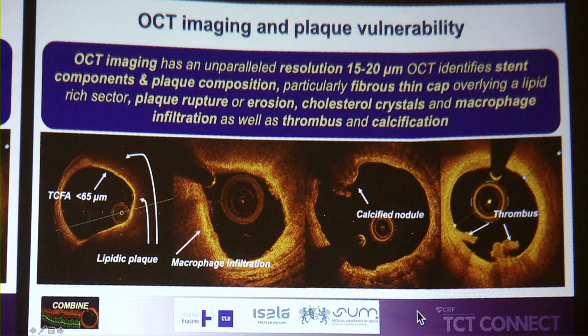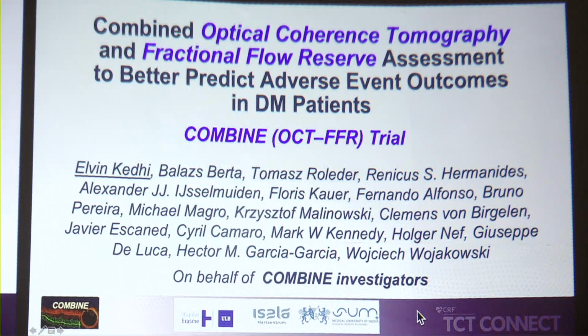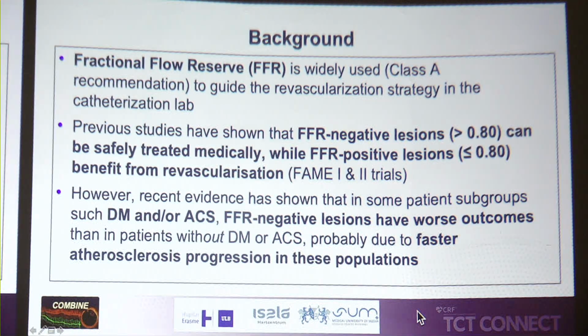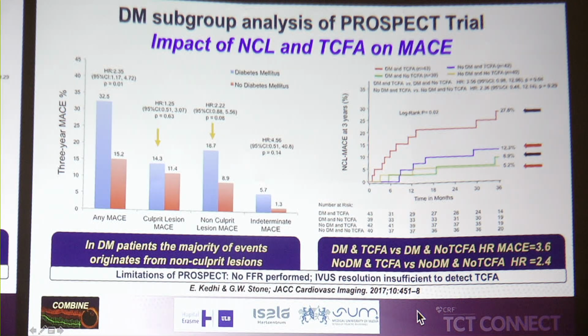And as we discussed, and we are still discussing, the OCT predictors of plaque vulnerability, we now have data from the combined OCT FFR trial in which FFR negative patients were followed up on the basis of TCFA presence on OCT. It is just an observational assessment.